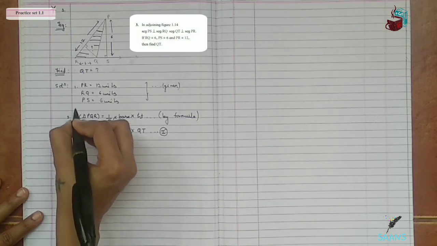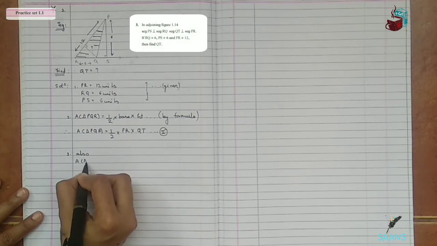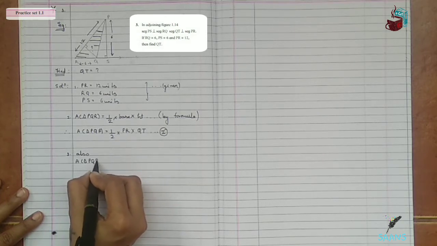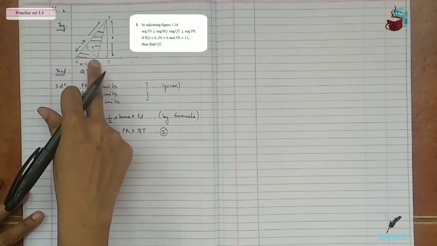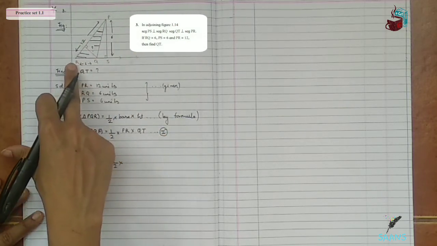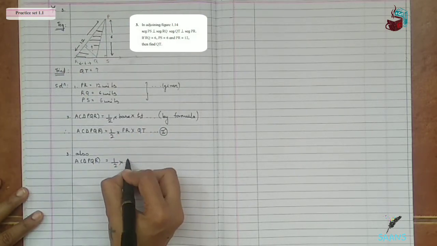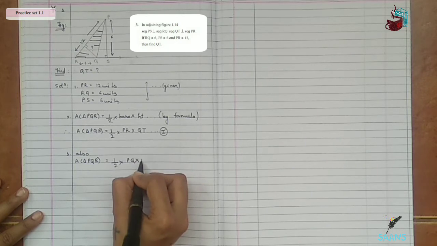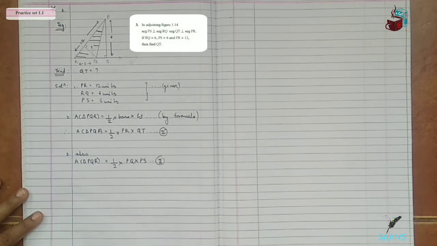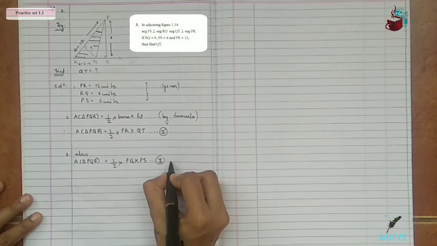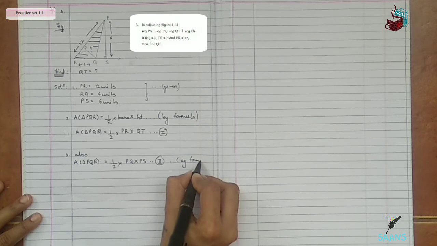Third step, also it can be written as area of triangle PQR can be written as half into, say, take RQ as the base, height will become PS. So if we take RQ as the base, height will become PS. Half into RQ into PS. Again, this is by formula.